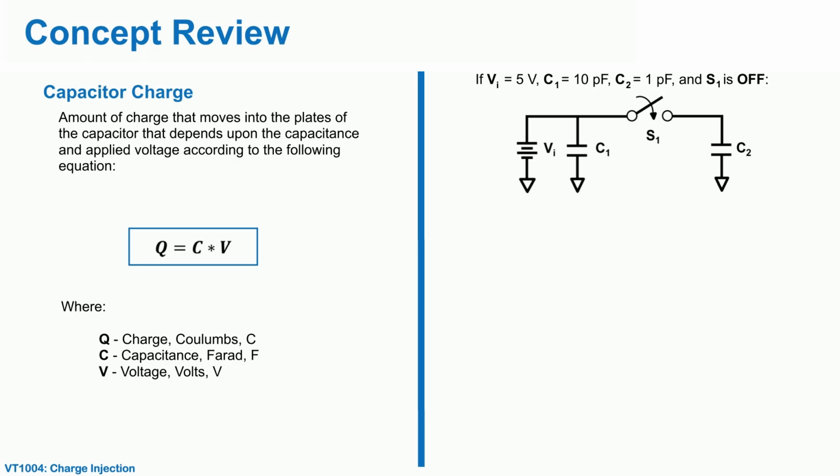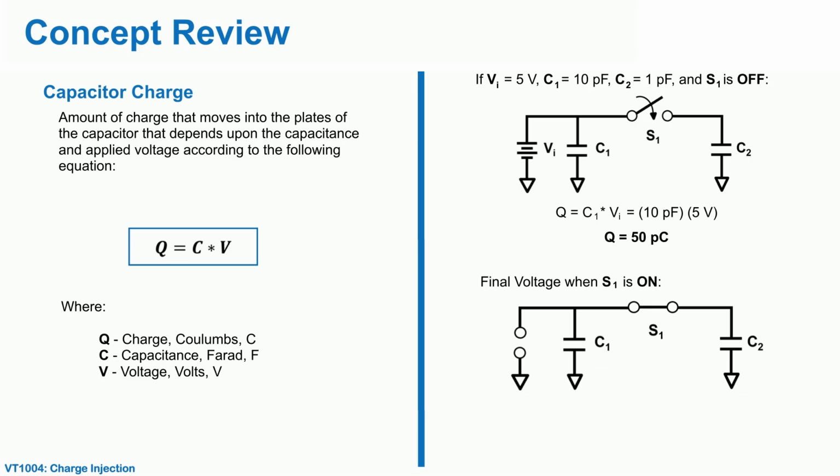By using the equation, Q is equal to C1 times VI, which equates to 10 picofarads times 5 volts, equals 50 picocoulombs. When S1 is closed, the final voltage is calculated using the equation.